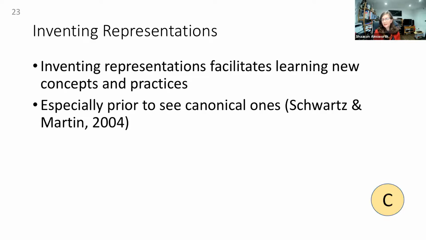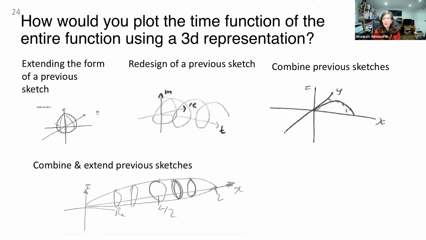A similar approach is productive failure, where you first fail, but that visual form of failing prepares you to learn. So for example, in quantum mechanics, a couple of hours later from the examples we've seen to date, we asked people to plot the time function using a 3D representation. They'd not done this before.